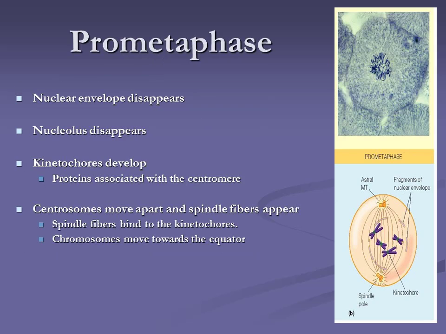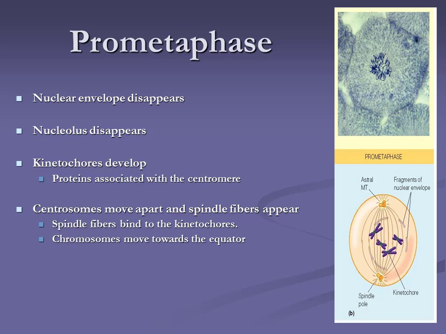Now, remember I said our stages are PMAT. A lot of folks are adding in this pro-meta. I hate that. So we're not going to do pro-meta. So when we see the nucleus disappear, the nucleolus is going to go away.